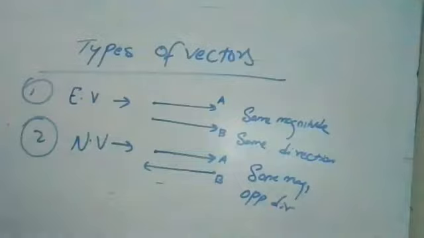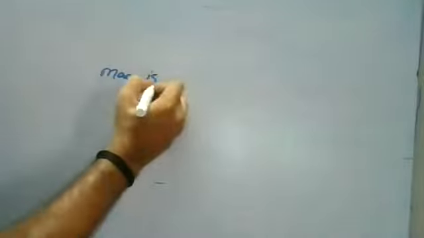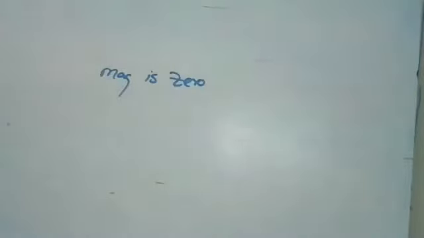Third one, zero or null vector. Here the magnitude is zero. When the magnitude is zero, we cannot define the direction.